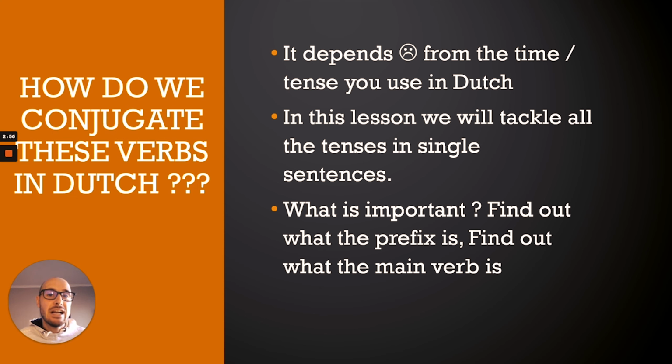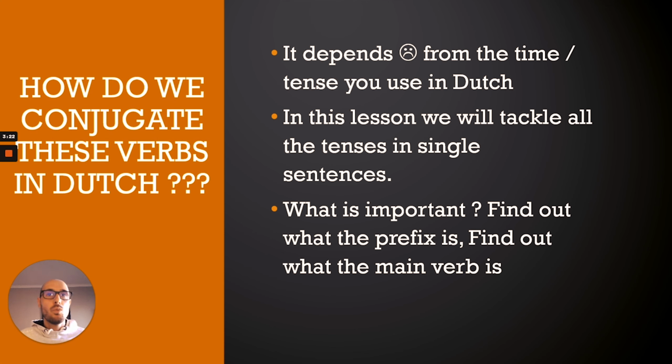So how do we conjugate these verbs in Dutch? Unfortunately, I have to give you the answer: it depends. It depends on the tense you use in Dutch. In this lesson we will tackle all the tenses in single sentences, not compound sentences: one subject, one verb. For instance, a compound sentence would be "I go to school because it's Monday."